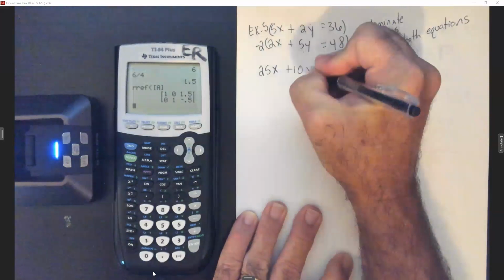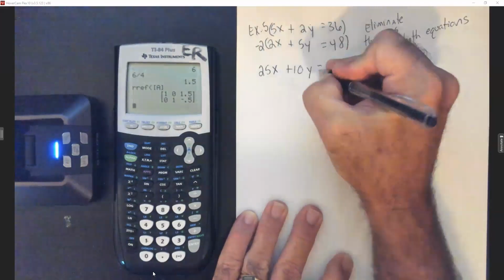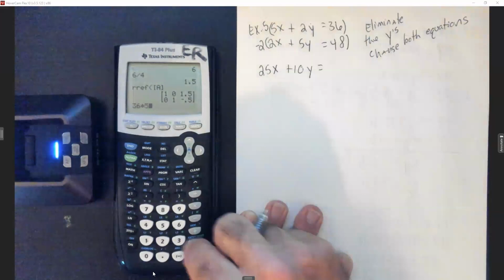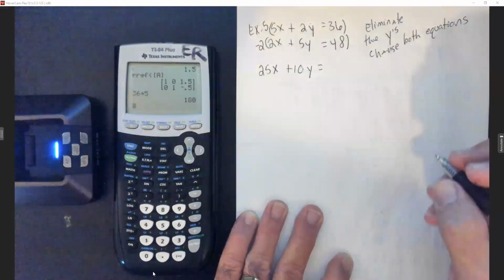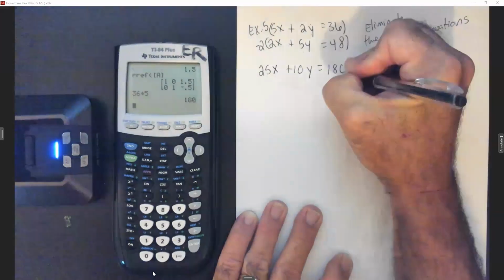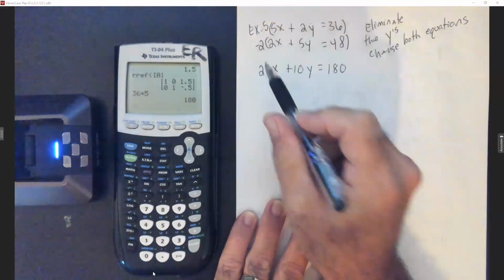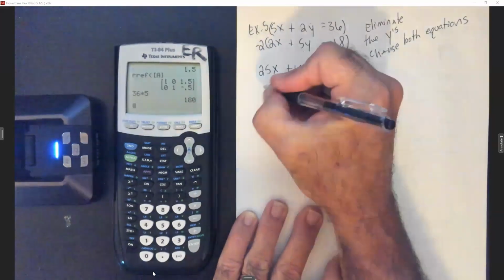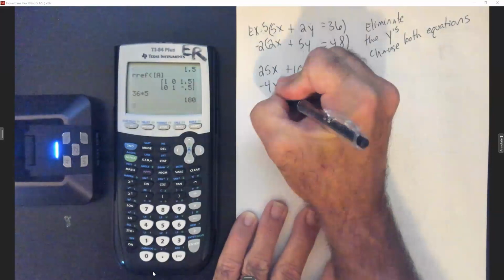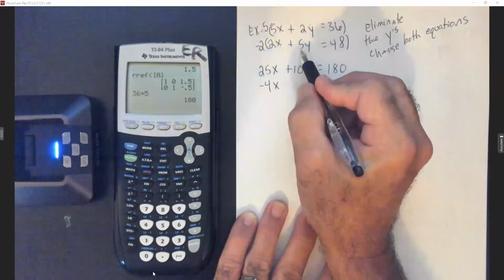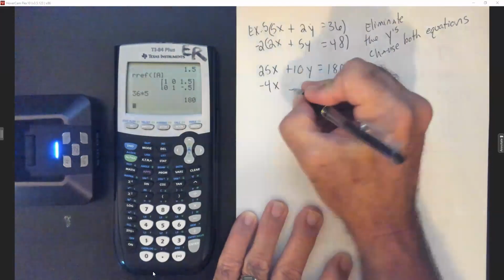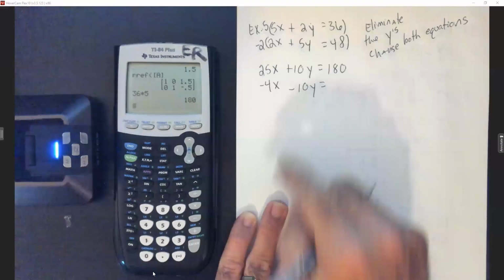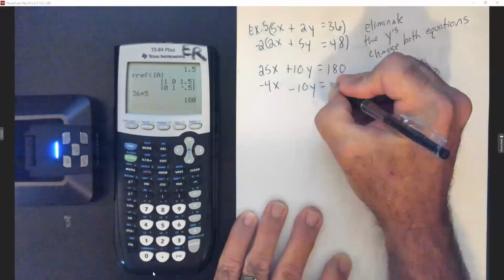And then 5 times 36 is 180. Now let's do the same thing here. Negative 2 times 2 is negative 4x. Negative 2 times 5y is a negative 10y. And then negative 2 times 48 is a negative 96.